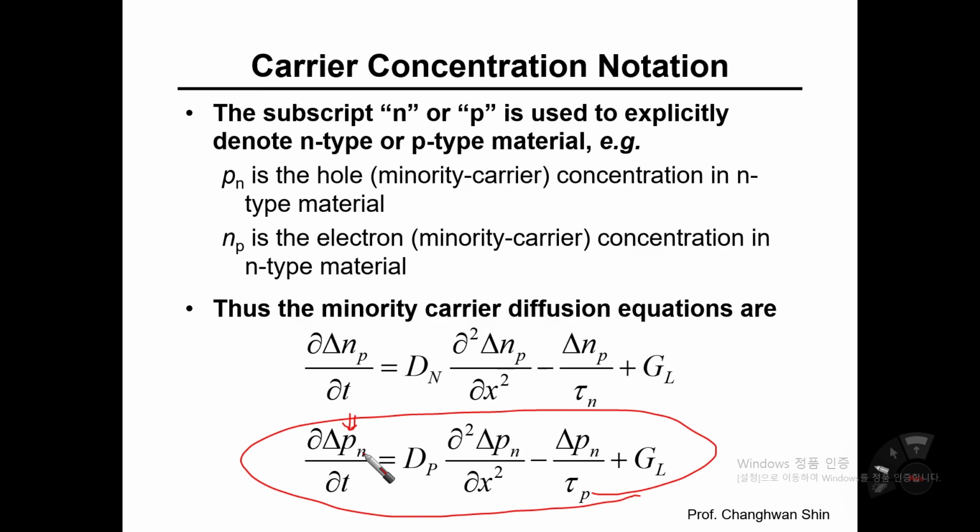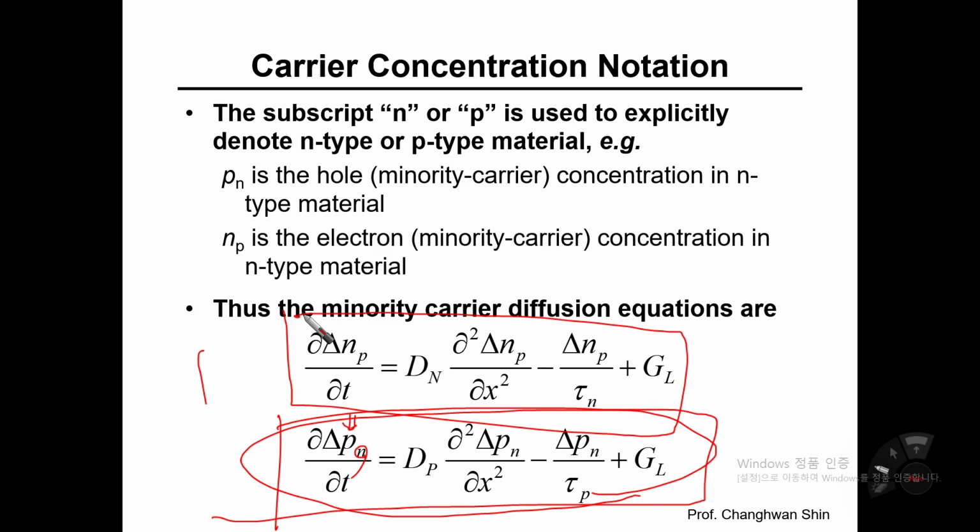Hole concentration in the N-type material. So this minority carrier diffusion equation would be only valid in the N-type material. Okay, and this minority carrier diffusion equation is only valid in the P-type material.